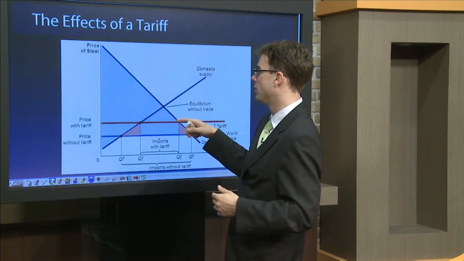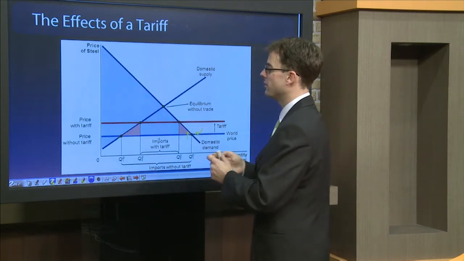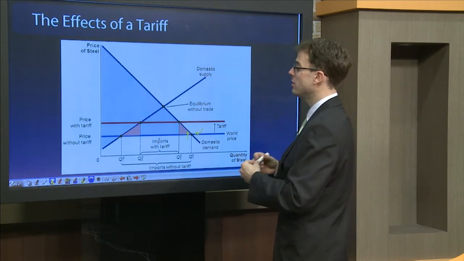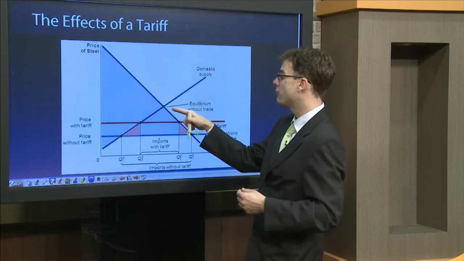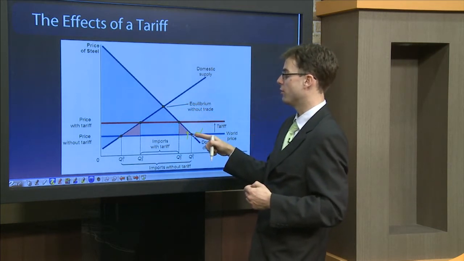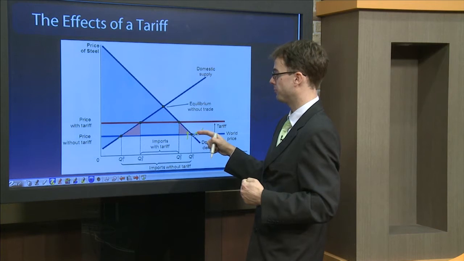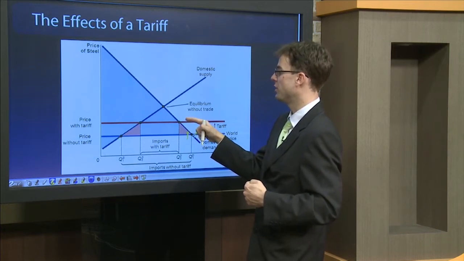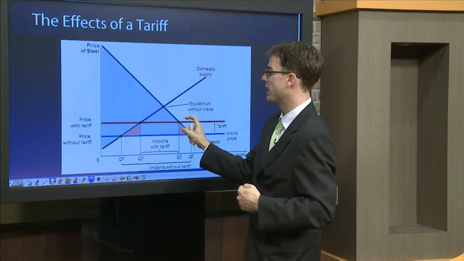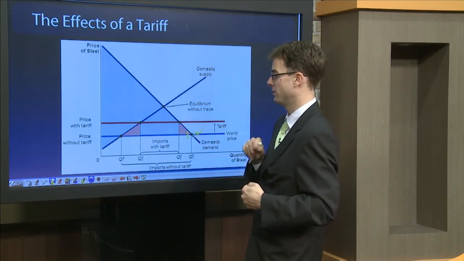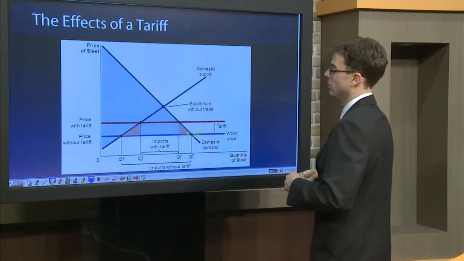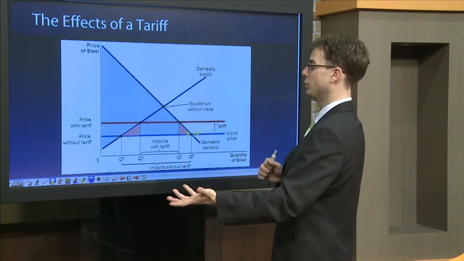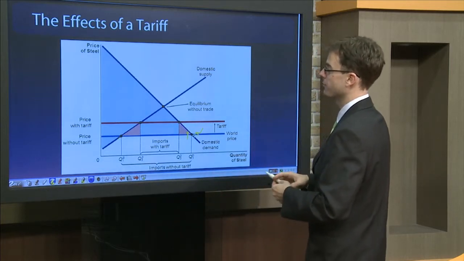And in the equilibrium with trade, we would say that the market price will not fall all the way to the free trade solution, but will only fall to the solution with the world price plus tariff. Now let's compare the welfare between the free trade solution and the solution with a tariff.